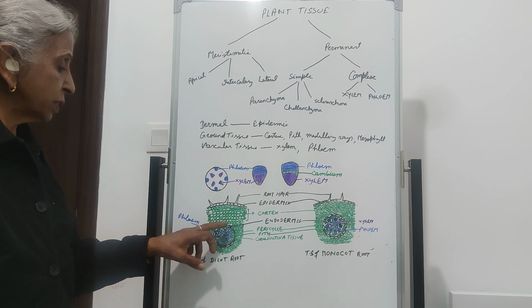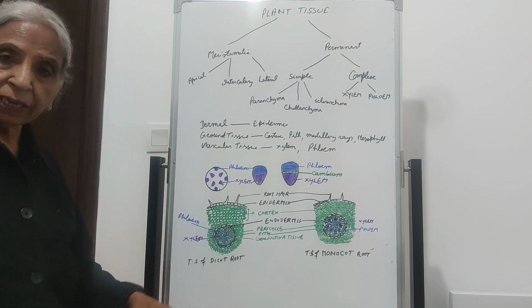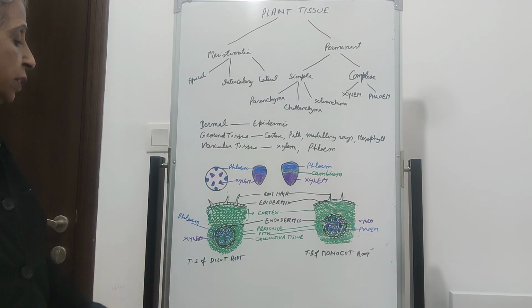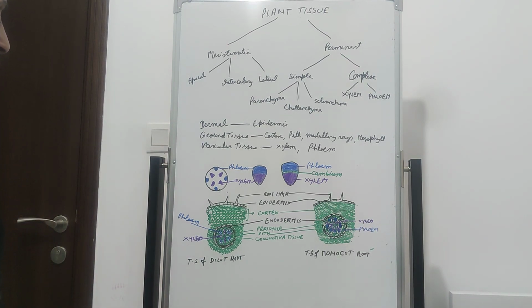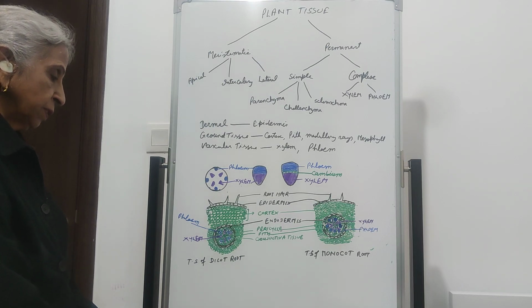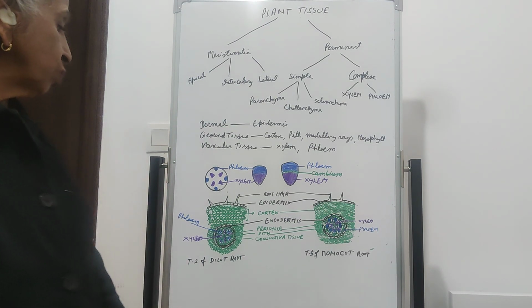These endodermis cells are compactly arranged. Their tangential and radial walls are thickened, and these thickenings form strips called Casparian strips.